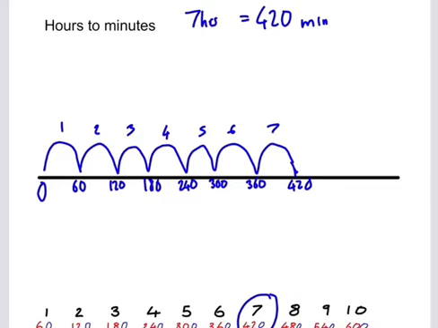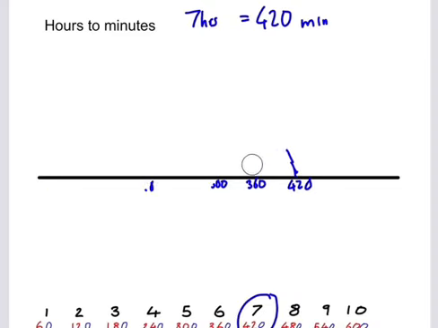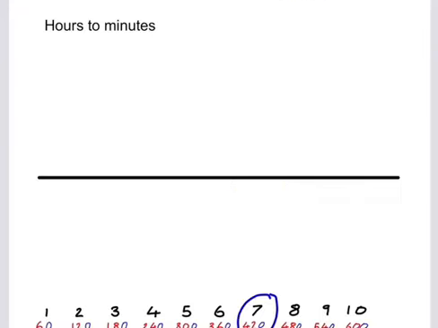Now, sometimes people will give you fractions and hours, like a mixed number. So they might say, what are say 2.5 hours in minutes?